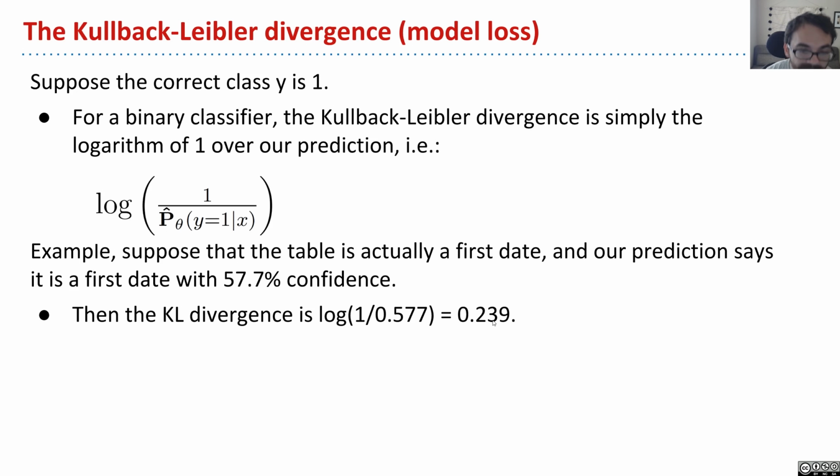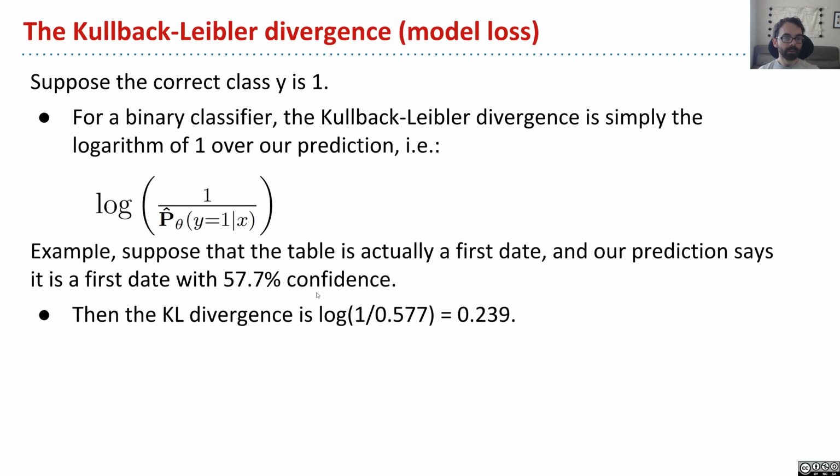Now, the best possible prediction we could make is to say it's a first state with 100% confidence, and we will be rewarded with a loss of 0, because the log of 1 over 1 is the log of 1, which is 0. Basically, the closer our prediction is to 1, or 100%, the lower our loss is. And if we gave it a 0% chance, then our KL divergence would be very large. It would run off to infinity.